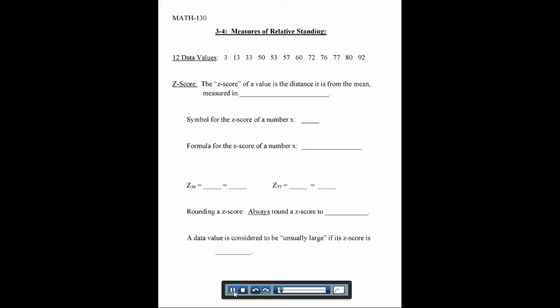Okay, the first thing we want to learn about is what's called the z-score. And we'll be using the z-score throughout this course, so it's a really important number. So we find the z-score of an x value. It's the distance that number is from the mean, and it's measured in the number of standard deviations.